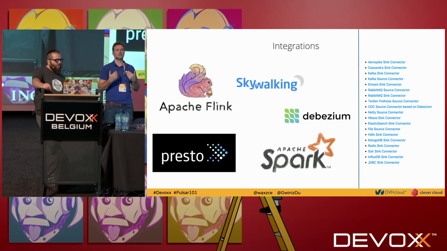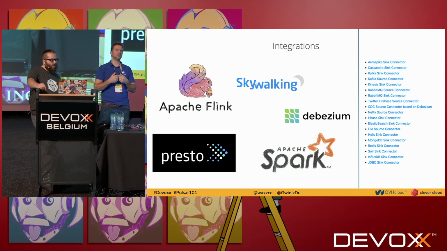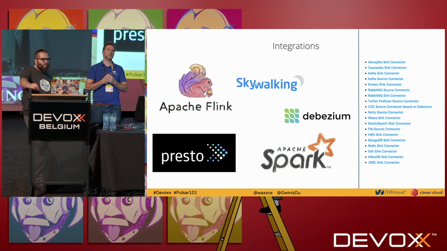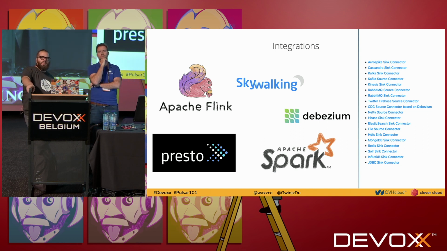Since we can easily control the number of topics that will be created by customers, because it's their decision, we rely on Pulsar because it's much more flexible for us. It's more easy for building a solution on top of a messaging system.